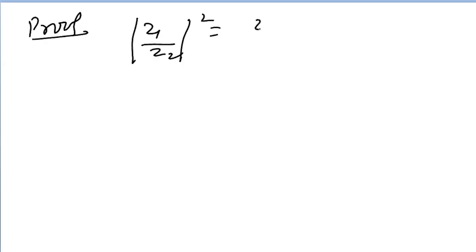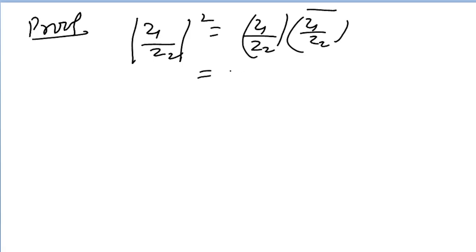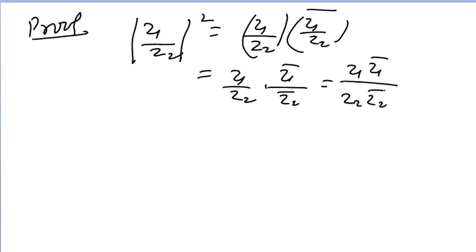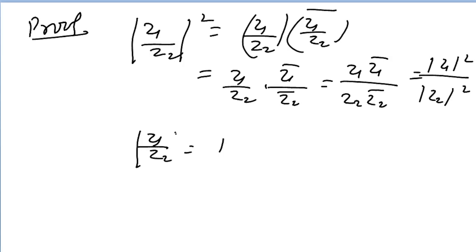Modulus square of z1 by z2 is equal to z1 by z2 into z1 by z2 bar. That is nothing but z1 z1 bar upon z2 z2 bar. This is nothing but mod z1 square upon mod z2 square. Or we can say the modulus of z1 upon z2 is nothing but mod z1 upon mod z2.